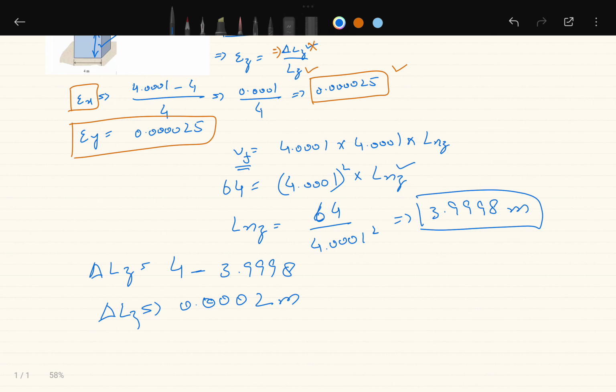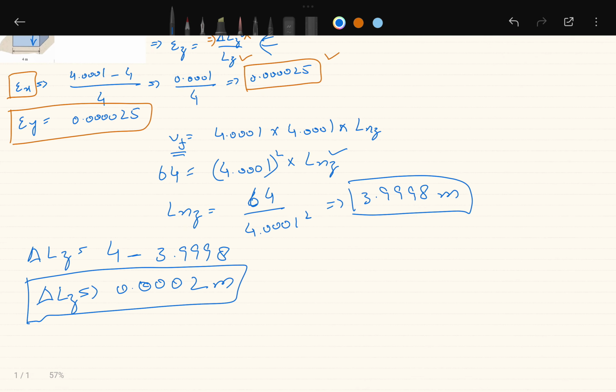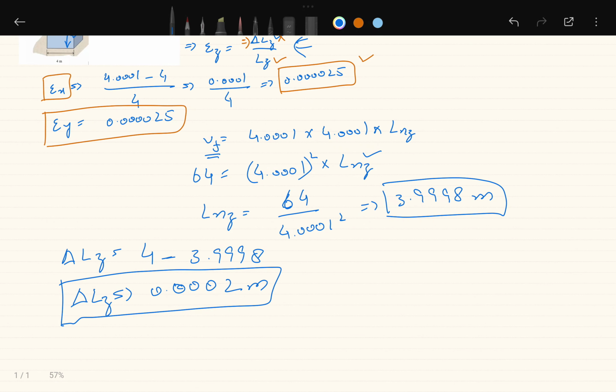Once we know the change in Lz, we can calculate the strain that we could not find initially. So the strain in z is equal to delta Lz divided by the original length of z.